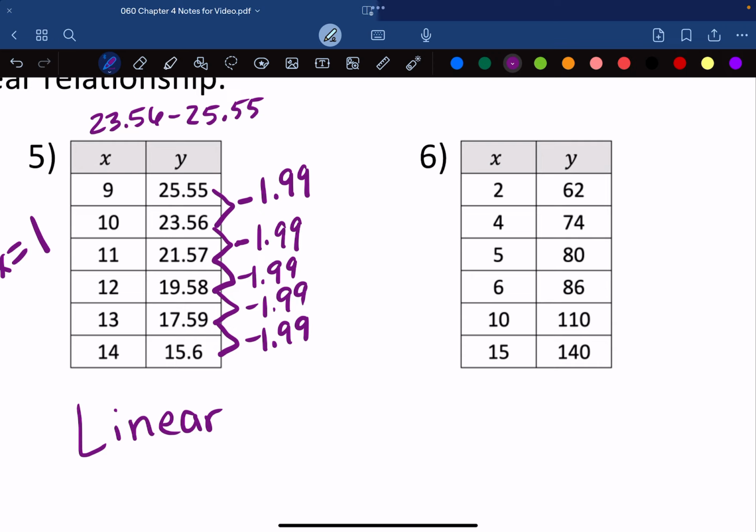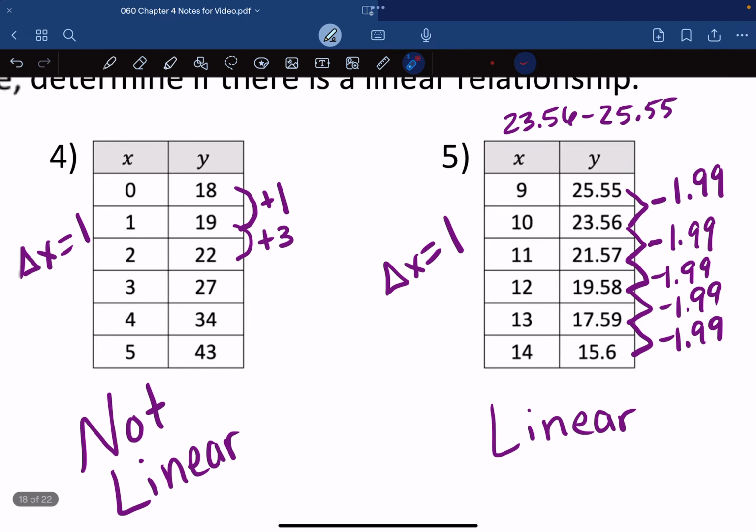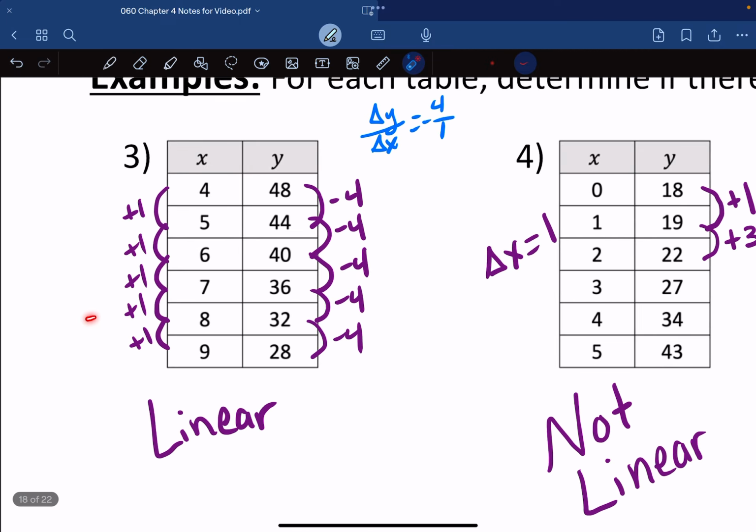And our last one here, we're going to look once again at the left side first. And I'm noticing here that from 2 to 4 is adding 2, but from 4 to 5 is adding 1. So this is not consistent as far as the change in x all being the same as the last 3.